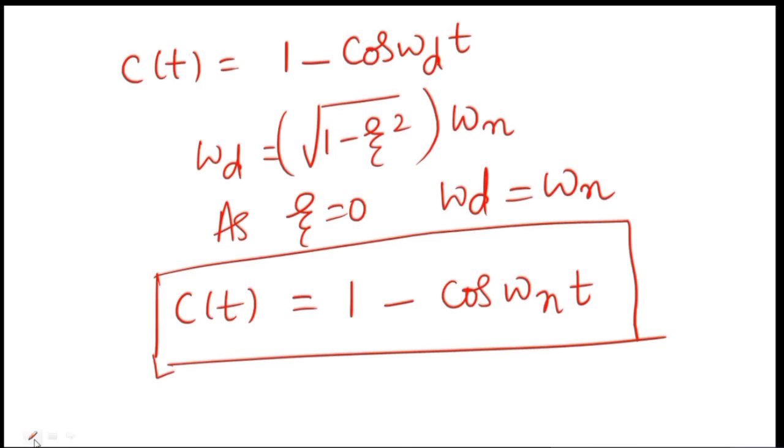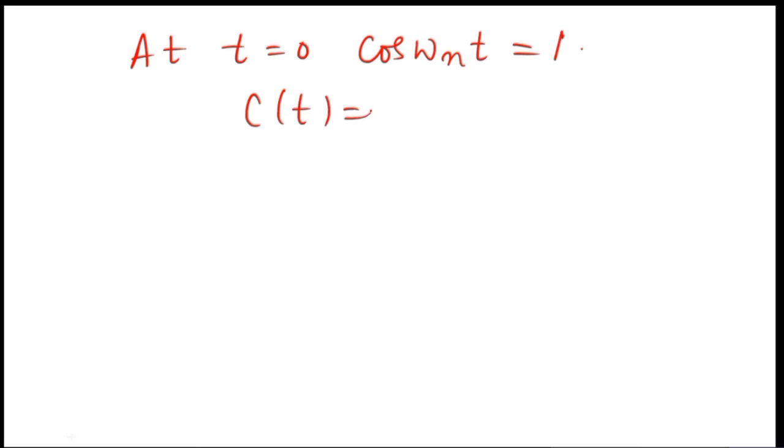So we see how this response would be as t is increasing from 0 to infinity. At t equal to 0, cos omega n t is equal to 1, so C of t is equal to 0.